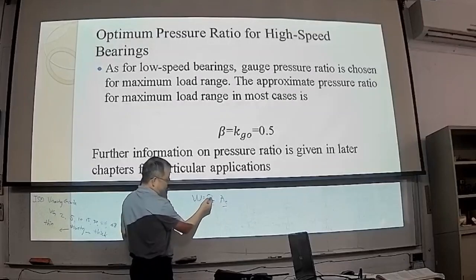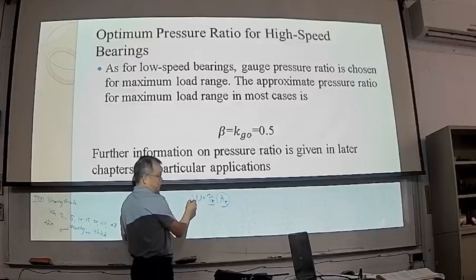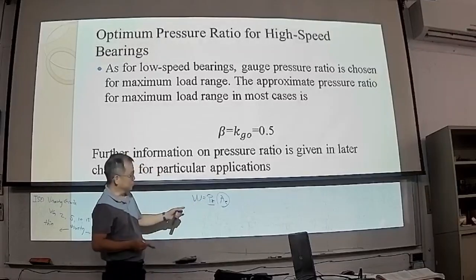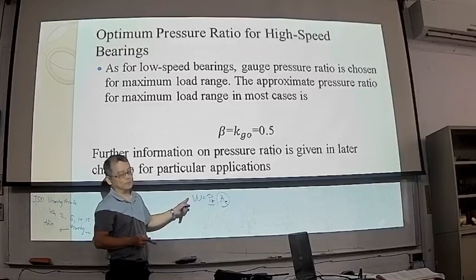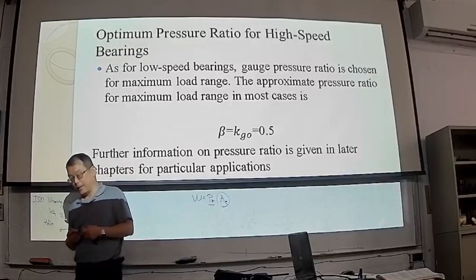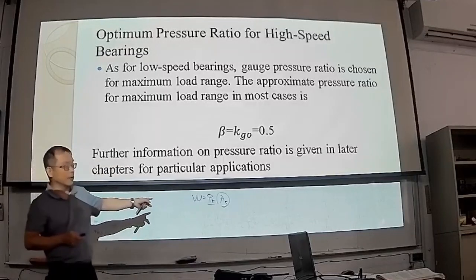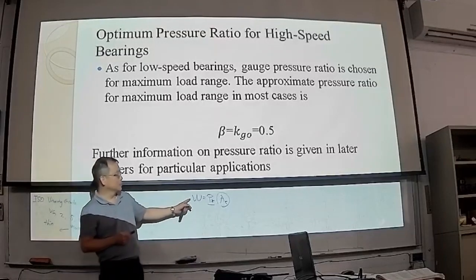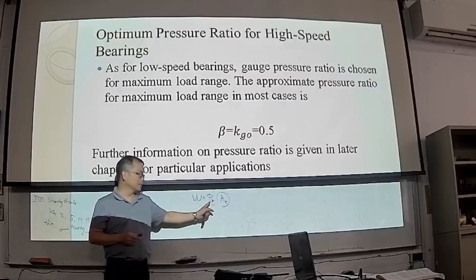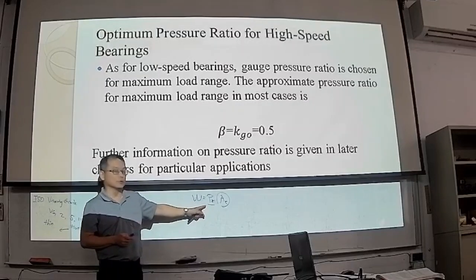So once we know the bearing pad area, we know the load capacity. For example, for our dry cable in milling machine or in lathe machine, then we know the recess pressure.